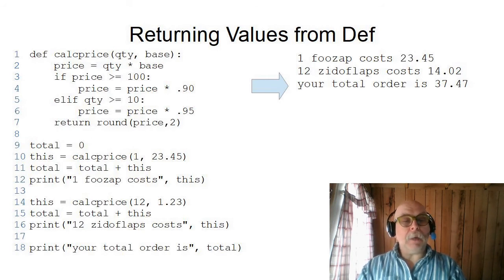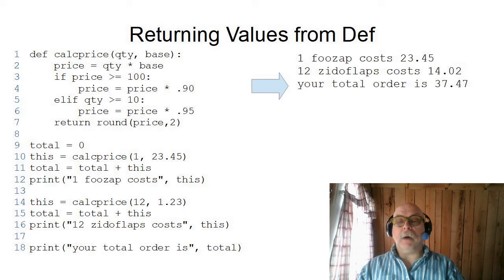I did this because I didn't want to call the function multiple times. There's no reason to if you're going to use the value more than once without a different calculation. Just save it in a variable. On line 14, you can see that I calculate the price of 12 Zitto flaps, and a Zitto flap costs $1.23.